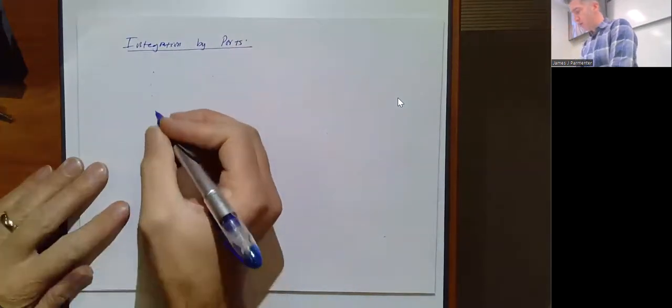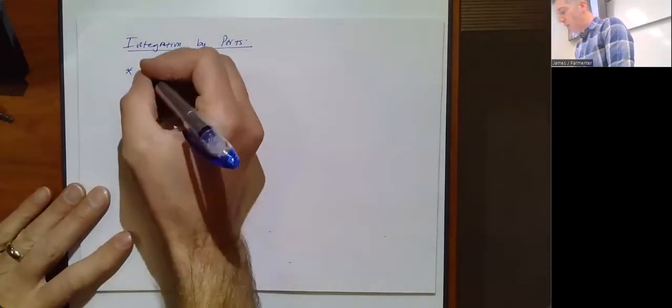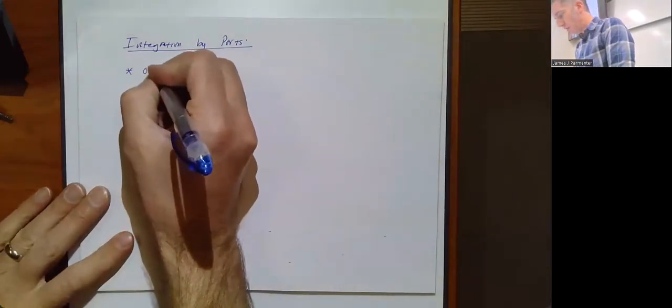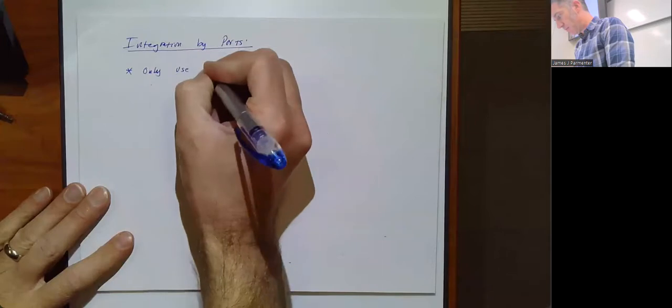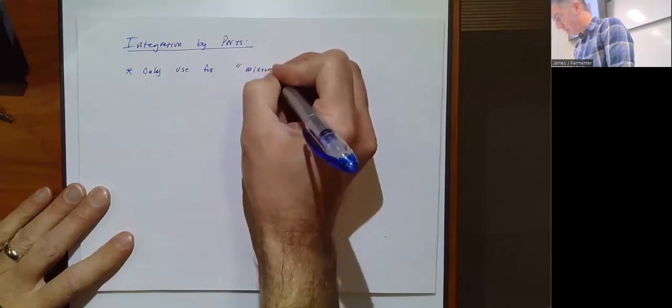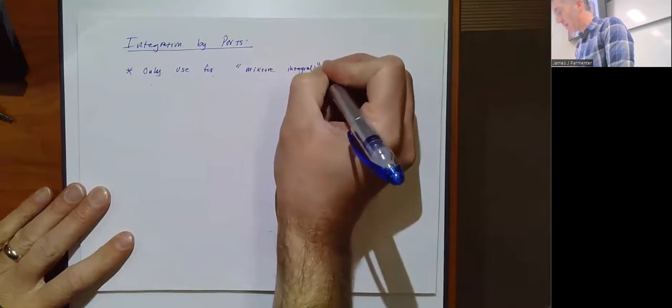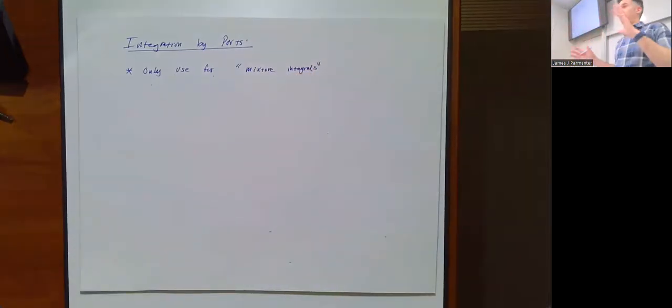The first thing to note is that, with one exception, in this class you really only use integration by parts for mixture integrals. When I say a mixture, I mean you've got two different types of things put together.